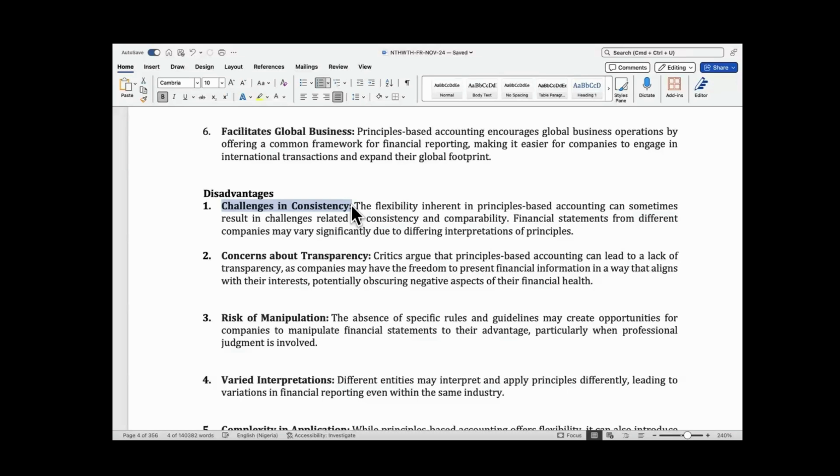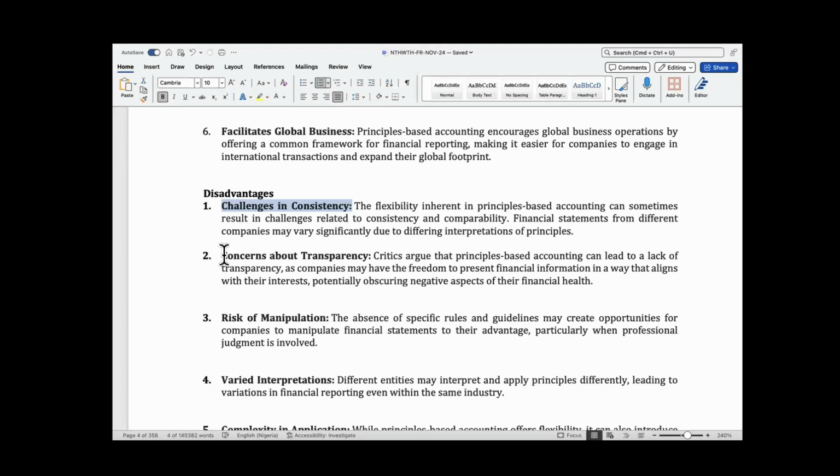Another one is the concerns about transparency. Because again, we are giving professionals the freedom to present their financial information in a way that aligns with their interests, their economic circumstance or business environment.